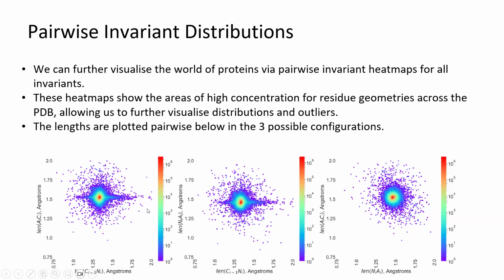So we can see the high concentration areas, which are red, around the idealized lengths. And then we see a relatively symmetric distribution as we go outwards. But we can see plenty of outliers on the periphery here, and it's the same in all 3 plots, really.